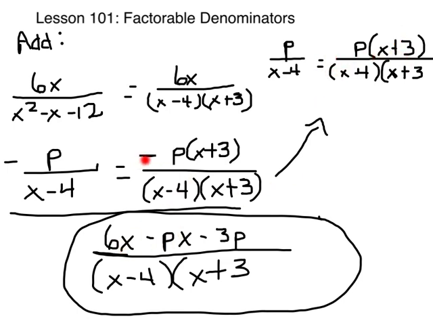Alright, but when we put this negative sign, it's going to change the value of both of those. And when I add these two fractions together, I'm going to come up with 6x minus px and then minus 3p all over x minus 4, x plus 3.